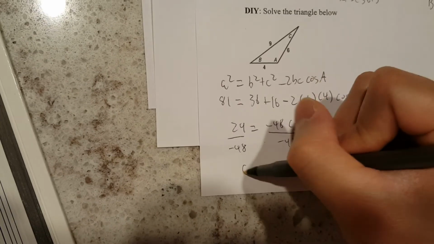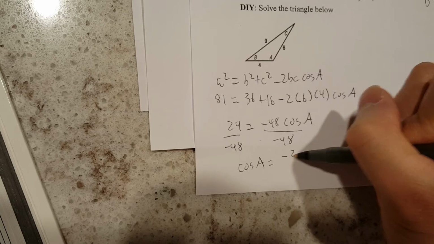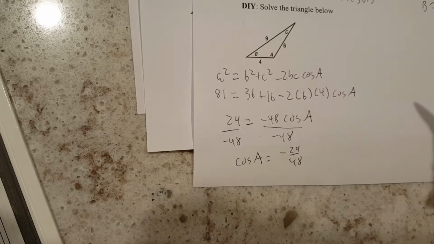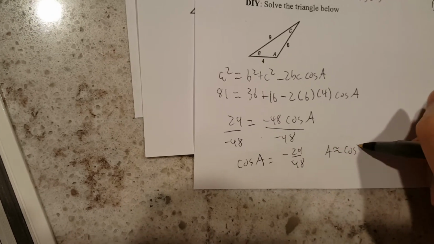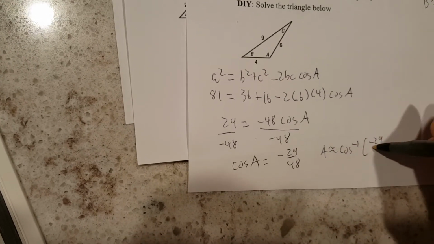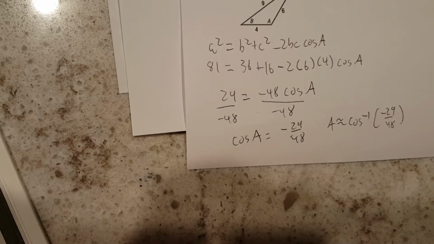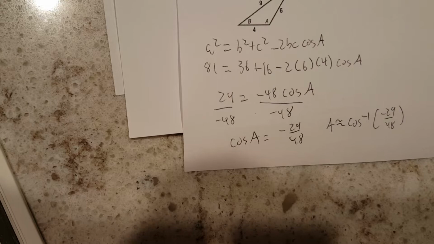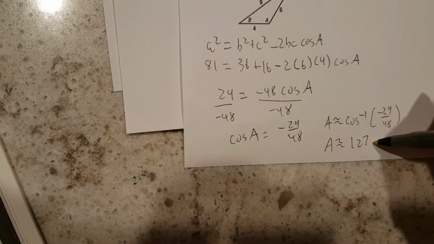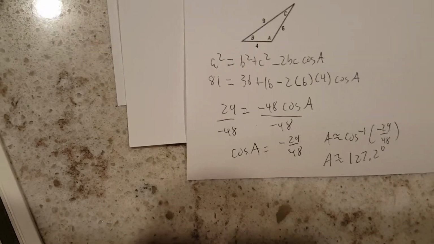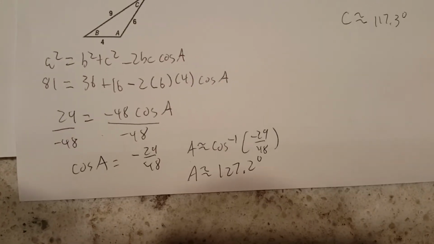And so cosine A is equal to negative 29 over 48. I inverse cosine that, so A is approximately the inverse cosine of negative 29 over 48. I put that into the calculator. I get A is about 127.2 degrees. And then I just do the law of cosines again to find either B or C.